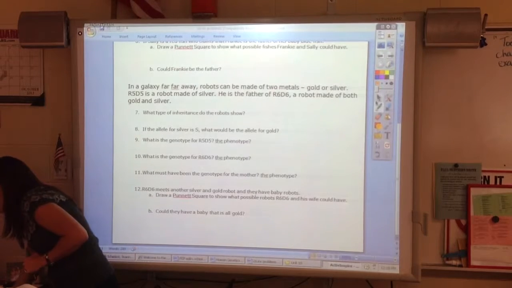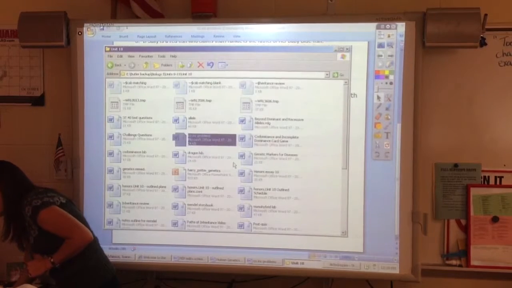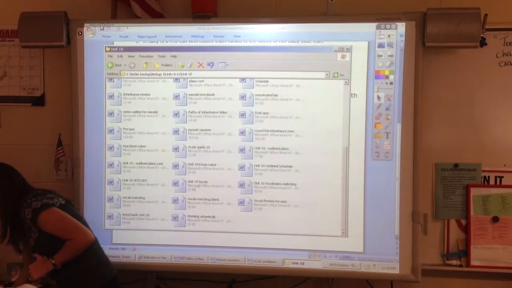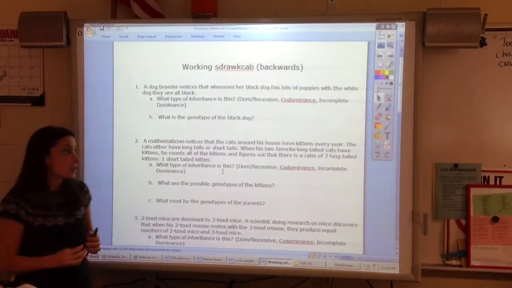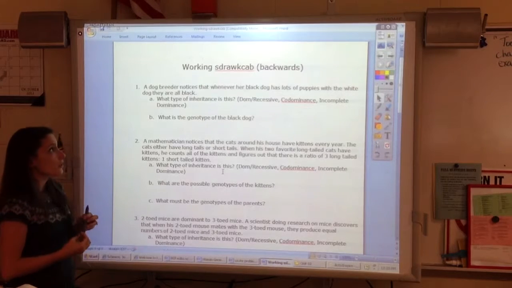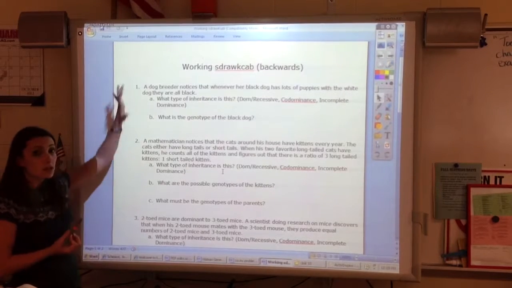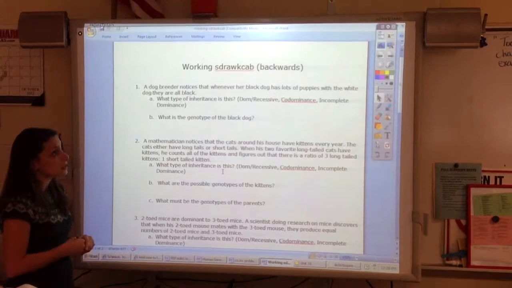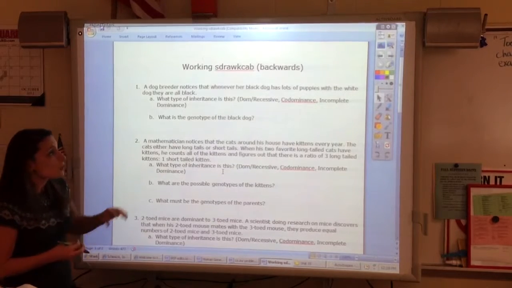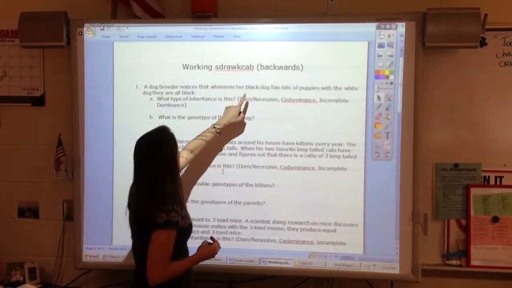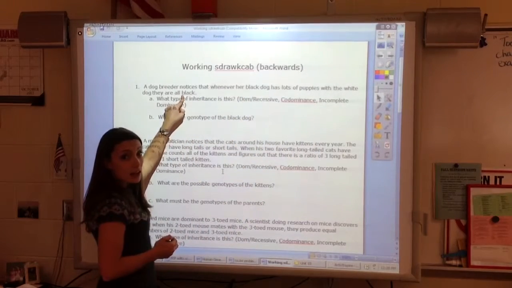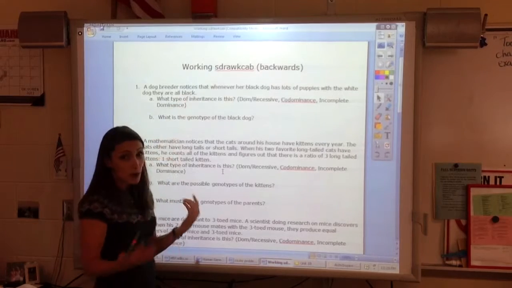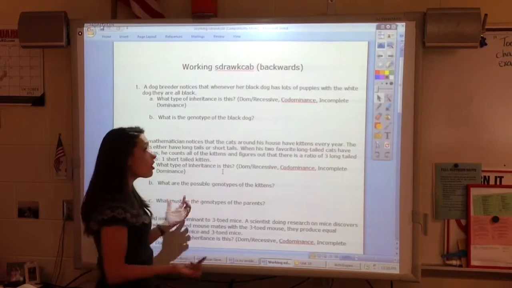The big thing is that you're able to recognize when we are dealing with different types of inheritance. So another thing that we can do is work backwards to see what the inheritance is. Here we've got a black dog, a white dog, and all the puppies are black. They're not spotted, they're not gray, they're all black.